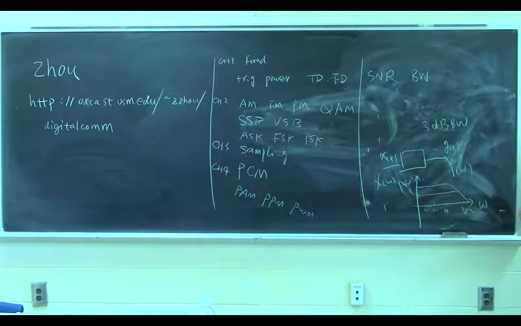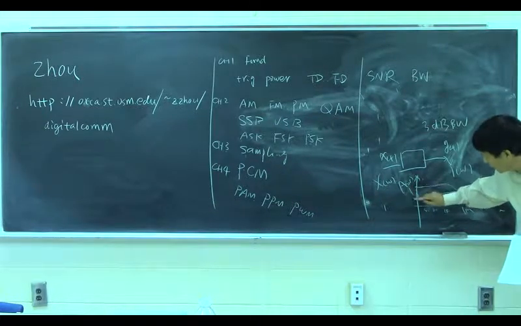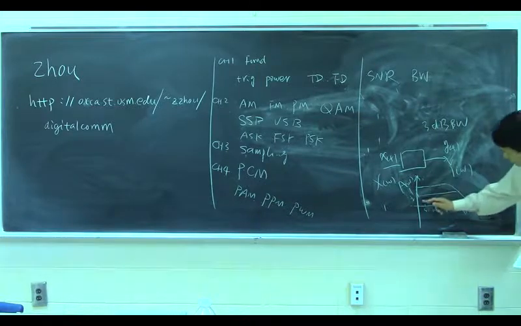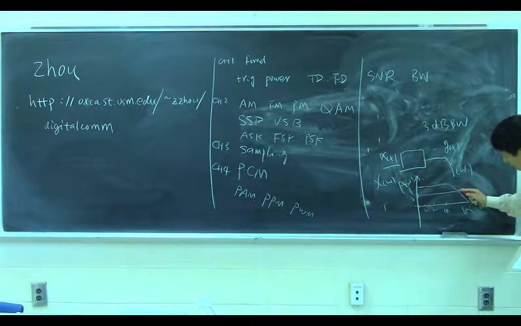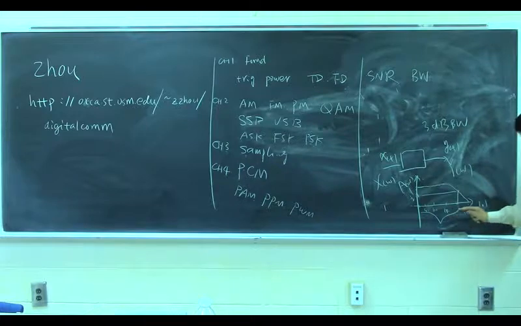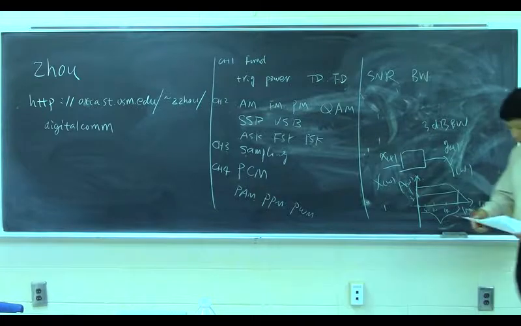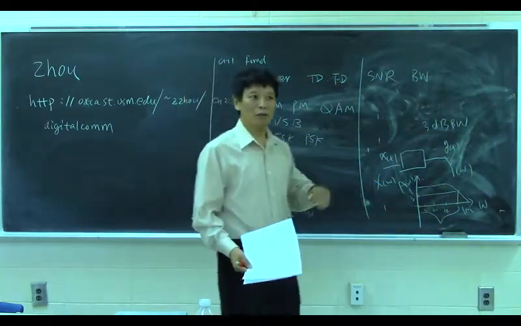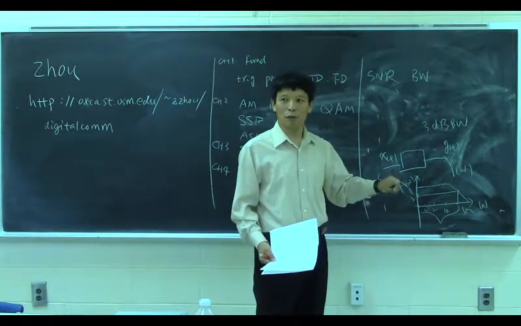What's 3 dB? 3 dB equals half in power. So this is 1, this is half, 0.5 here. The frequency range from here to this point is called the bandwidth, the 3 dB bandwidth. I believe you already discussed this concept in previous classes, and this is just a review.